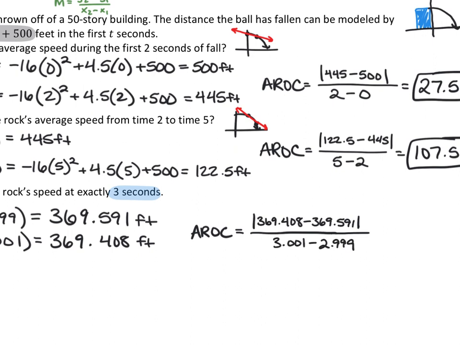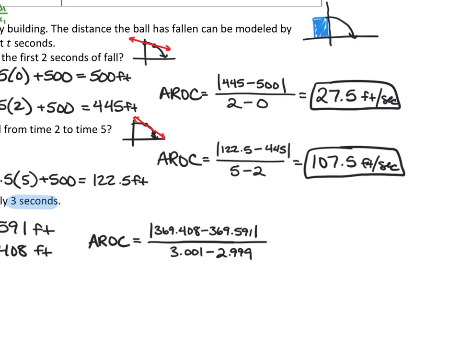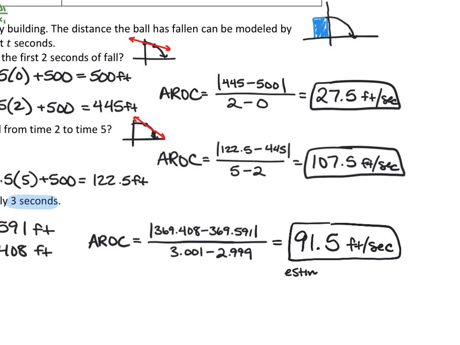We're as close to 3 as possible without actually using the number 3 so that we have an average between those, which would be 3. So if you calculate this, you can type it in your calculator. You'd get 91.5 feet per second. So this is our estimation of the instantaneous rate of change at time 3.